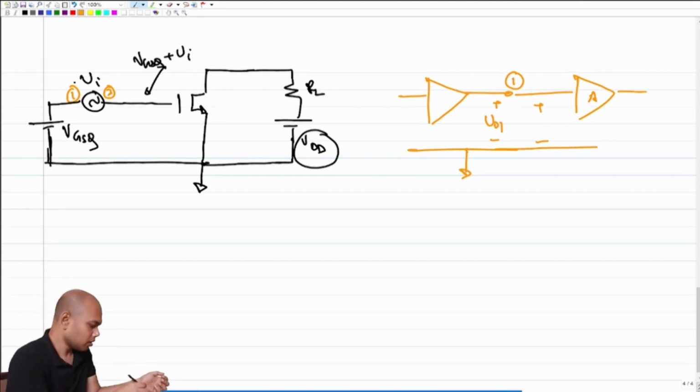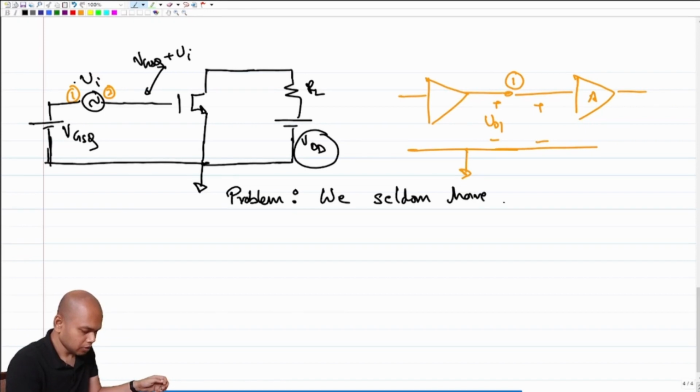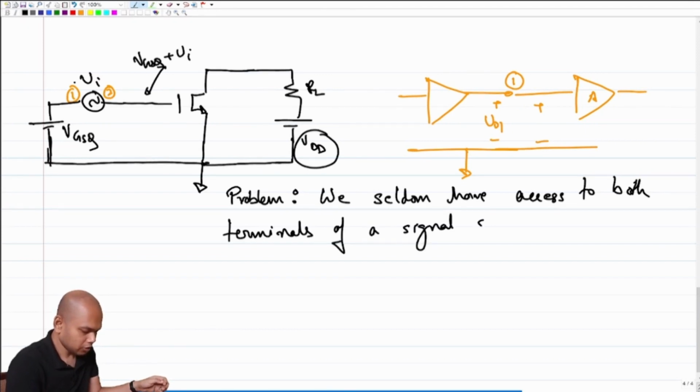So the problem is we seldom have access to both terminals of a signal source or a battery inside an IC, right?